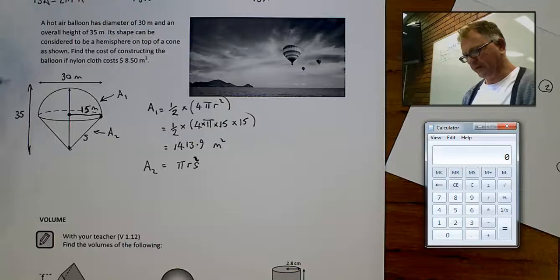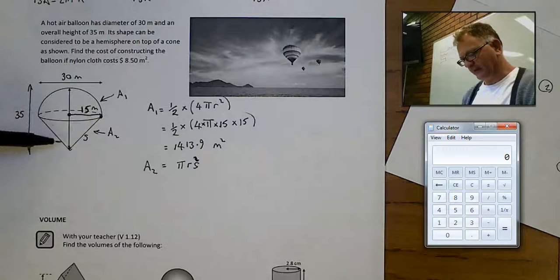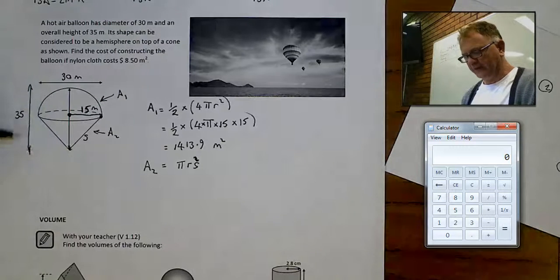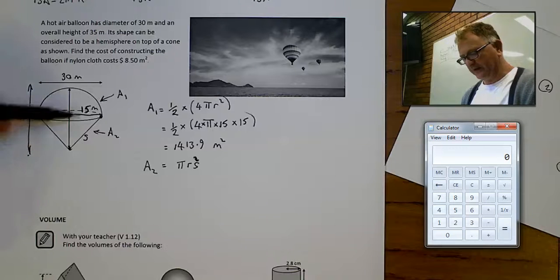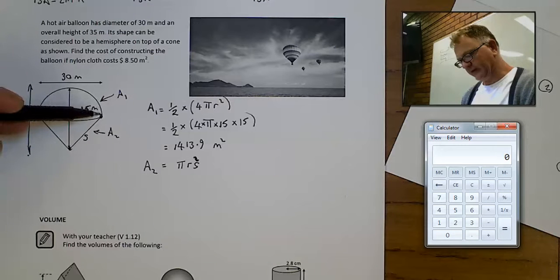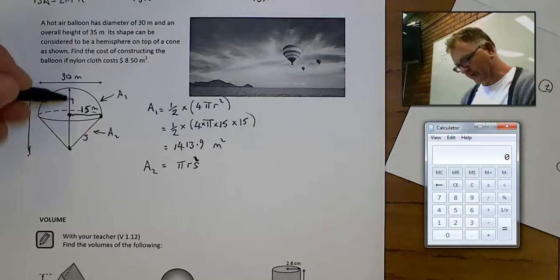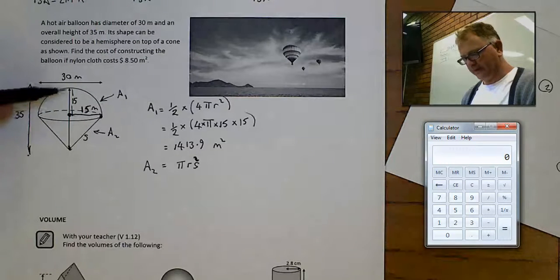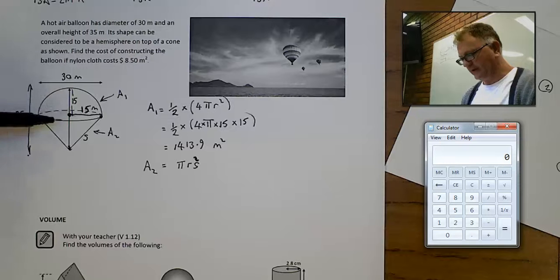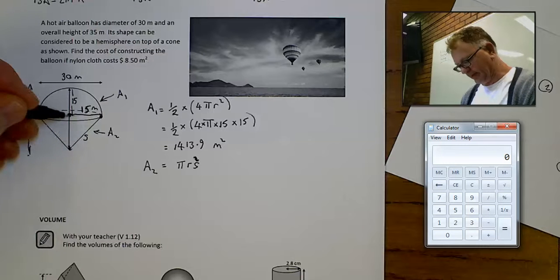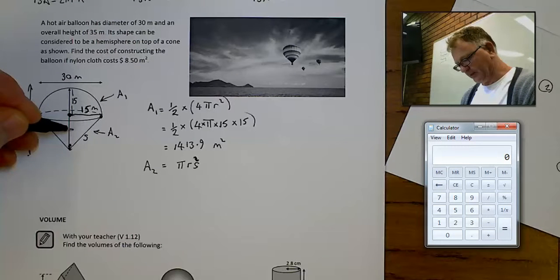But I'm looking at this cone carefully, and I do know the vertical height, because we were told that it's 35 metres up there. The radius of this sphere is 15, so that bit is 15 as well, doesn't it? If it's 15 from there to there, then this bit from here to here must be 20 metres.